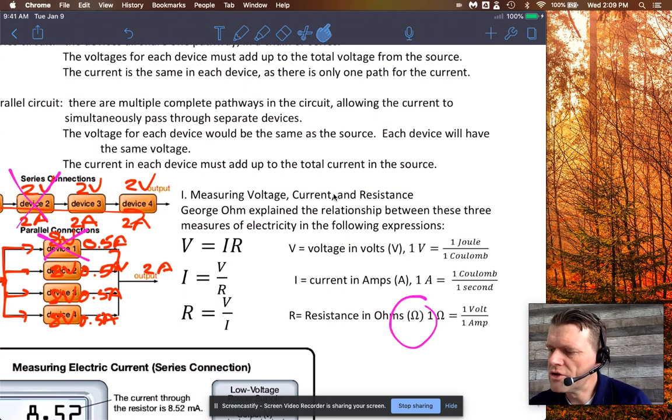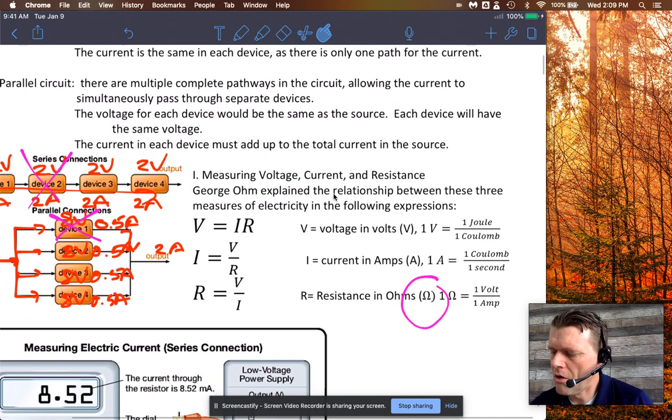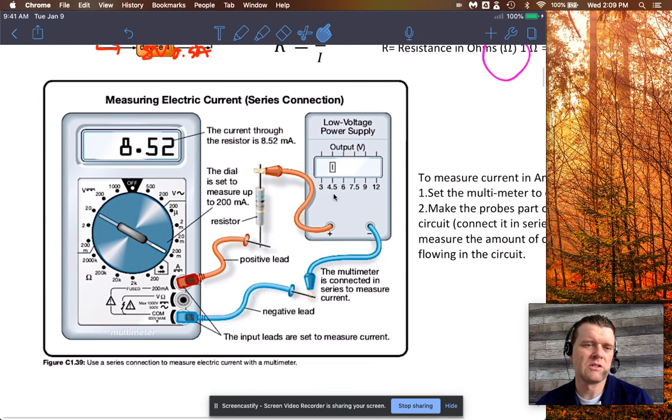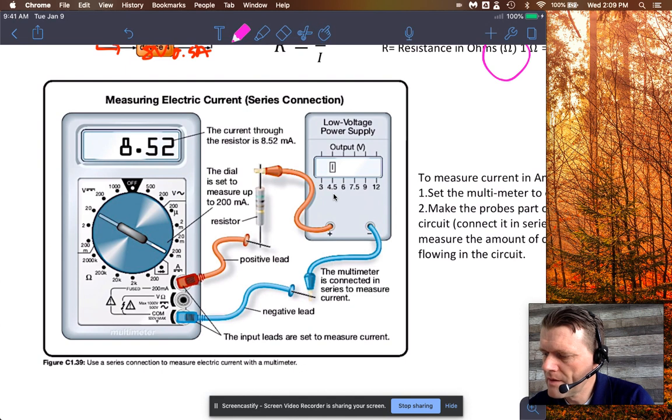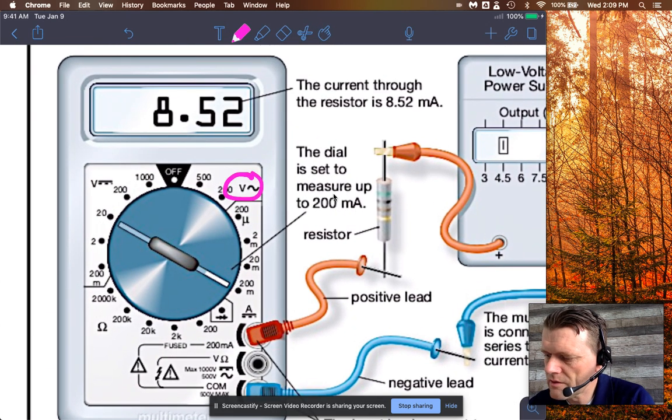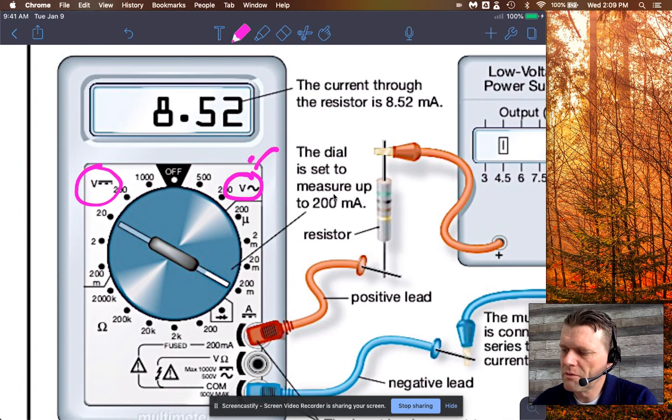You need to know how to measure all 3 of these using a multimeter. So this is a multimeter here. As you'll see on all of them, there are settings for volts. This first one is for AC voltage, which we don't measure too much, but you saw a picture of that in the other video.